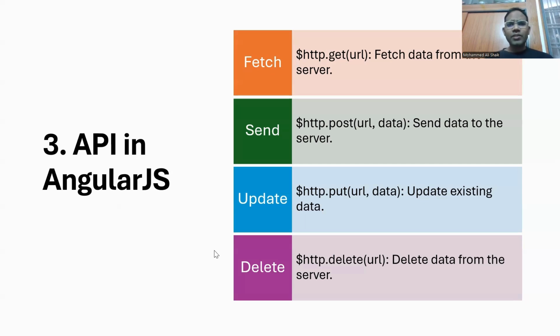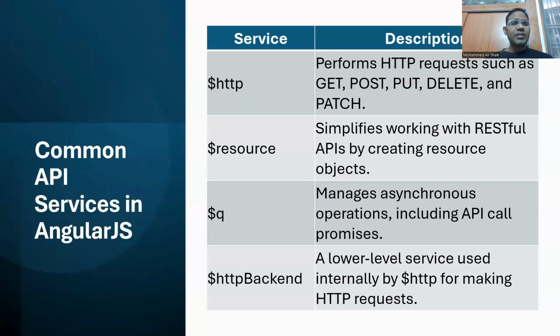Let us first see those services. $http performs HTTP requests such as get, post, put, delete, and patch. $resource simplifies working with RESTful APIs by creating resource objects. $q manages asynchronous operations that include API call promises. $httpBackend is a lower level service that is used internally by $http for making various HTTP requests.